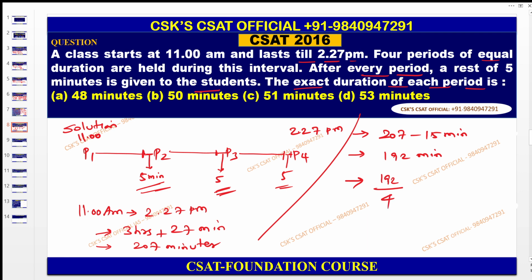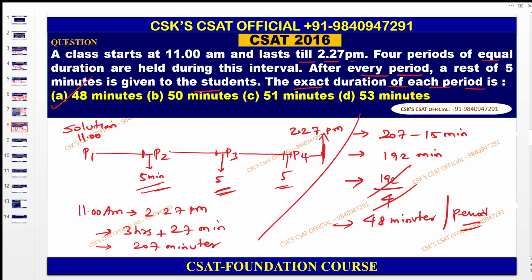So you can cancel this, and it is 48 minutes per period. The exact duration of each period here is 48 minutes. Everyone got it? Okay, fine.